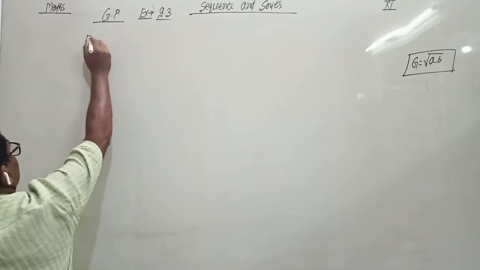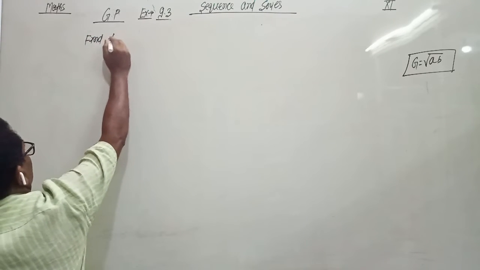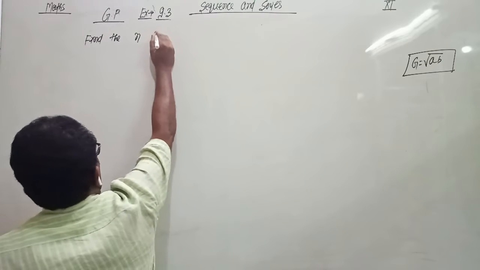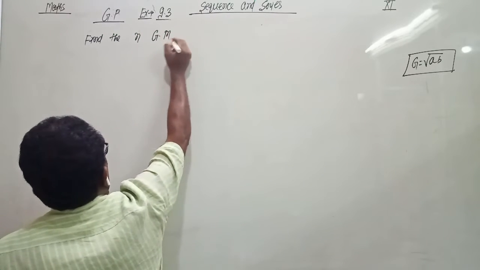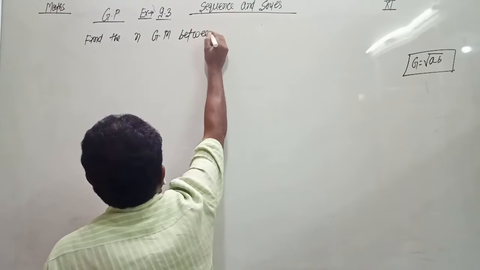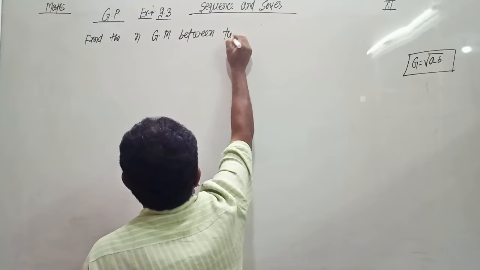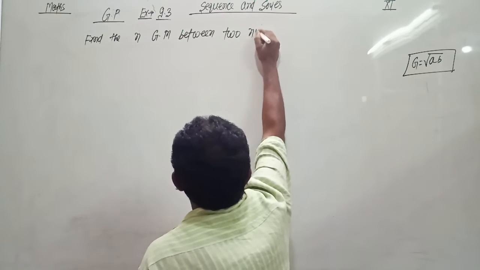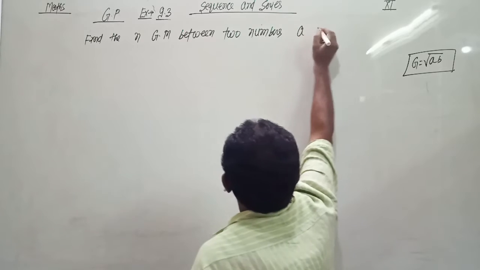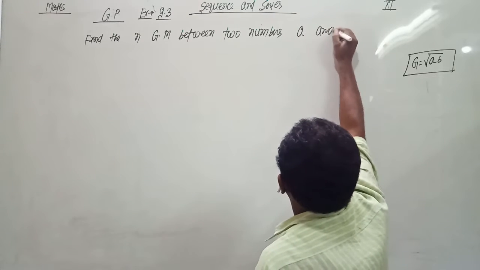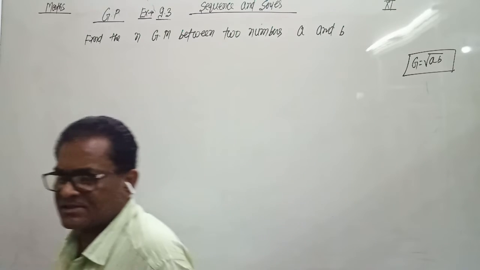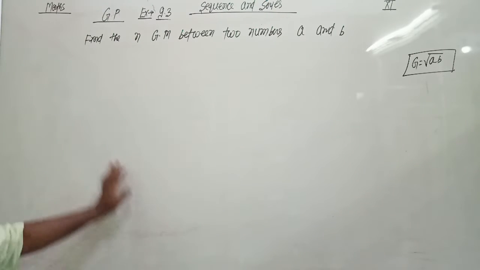Now, to find n geometric means between two numbers A and B. Between two numbers, find n geometric means.